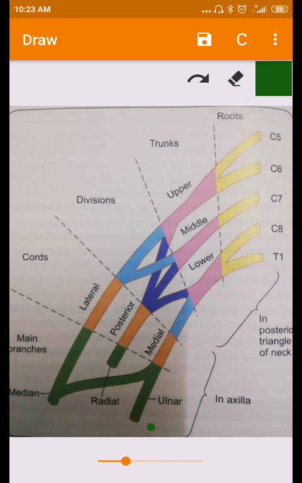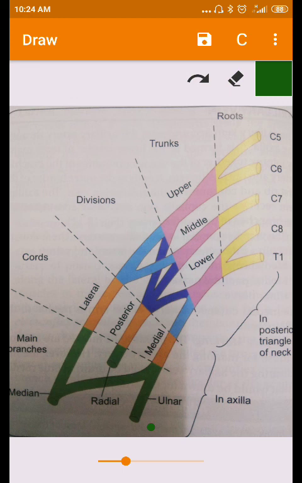Now we'll see the branches. The branches coming from these cords are called main branches, and some branches are also coming from the root stage as well as the trunk stage. What are the nerves coming from the root?